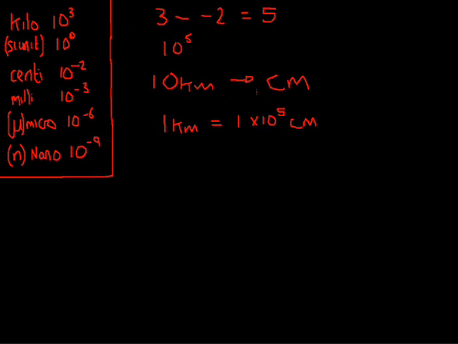Okay, so for 10 kilometers we're doing exactly the same as we've been doing all the way along. 10 kilometers equals 10 times 1 times 10 to the 5, which equals 10 times 10 to the 5, multiplying out the brackets.